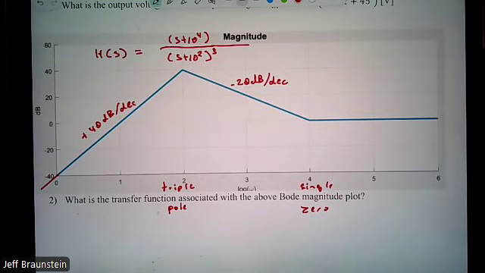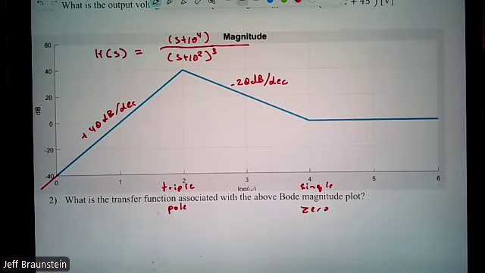Do I have any other information about poles and zeros? The hint is yes, I do. There's one more piece. It's a 0, but we need to be a little bit more specific.